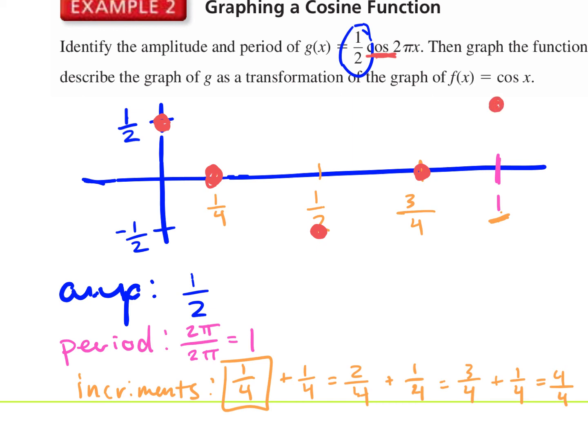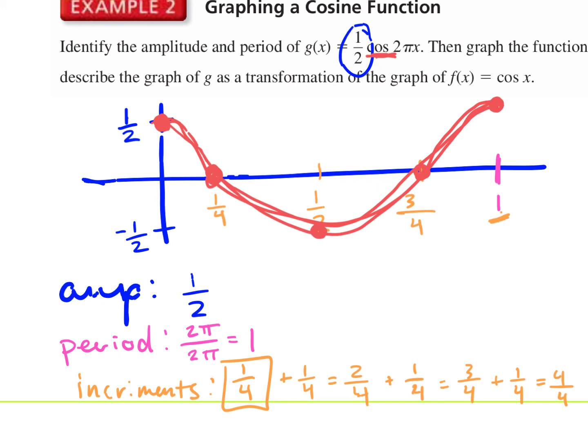Awesome. Then back up to 1/2. And then we can just connect our dots. Can't really draw a nice squiggly line today, but we get the point. So those are 5 key points in our cosine graph.